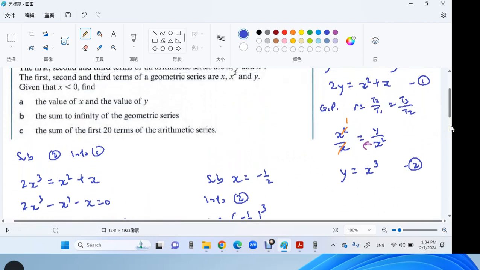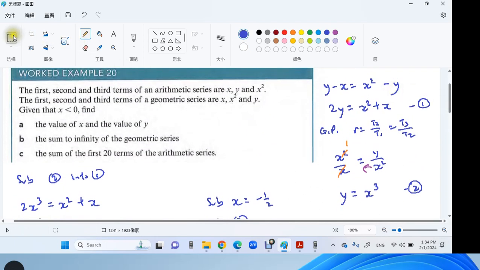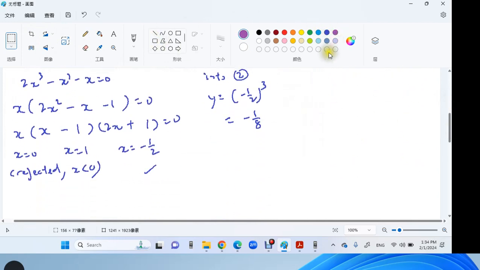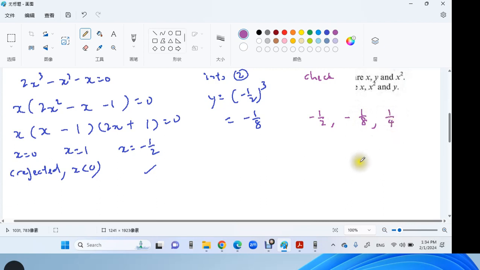Okay, so we need to know whether the answer that we get is correct or not. Then what we can do is check it. So how to check? We have the AP is x, y, and x squared. So we have negative 1 over 2, and then negative 1 over 8, and then 1 over 4.